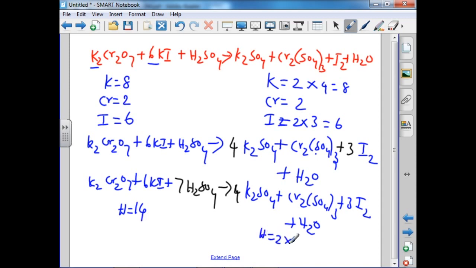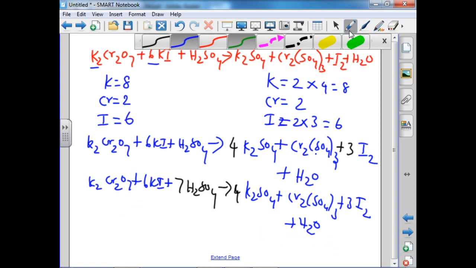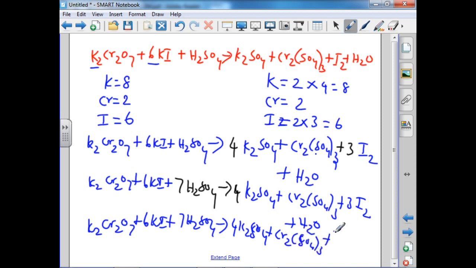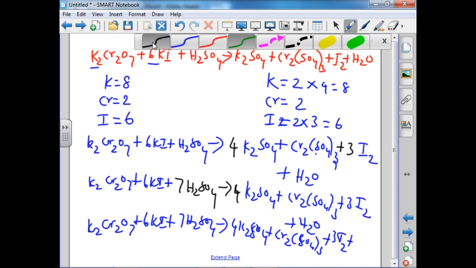So multiply by 7 to get 14. K2Cr2O7 plus 6 KI plus 7 H2SO4 gives 4 K2SO4 plus Cr2(SO4)3 plus 3 I2 plus 7 H2O.